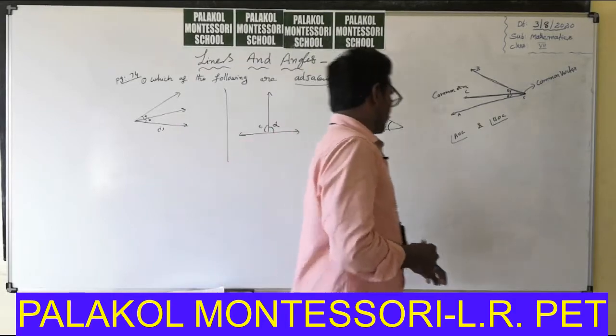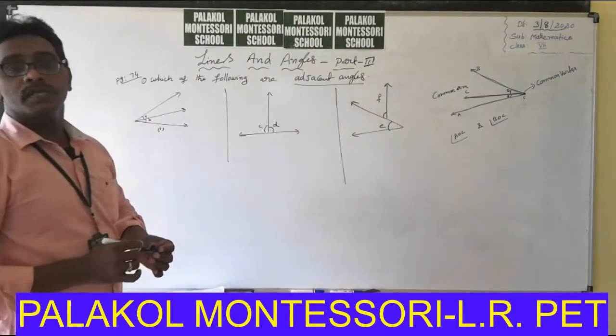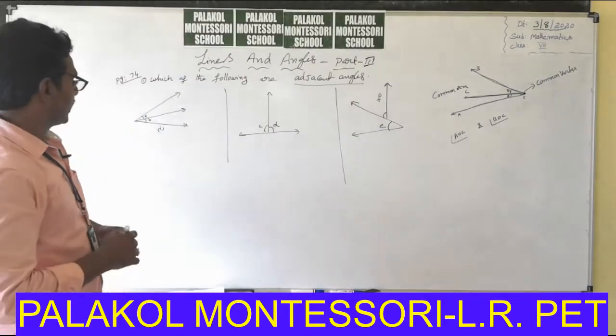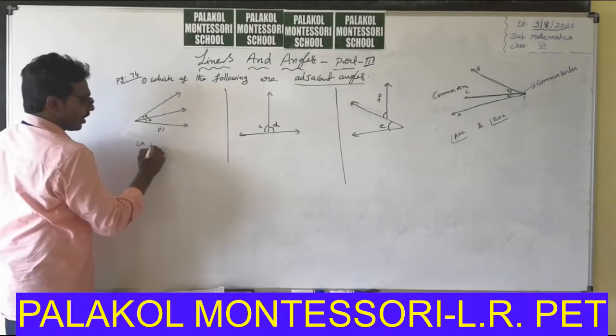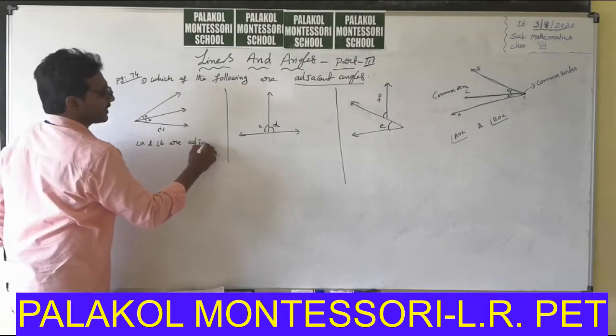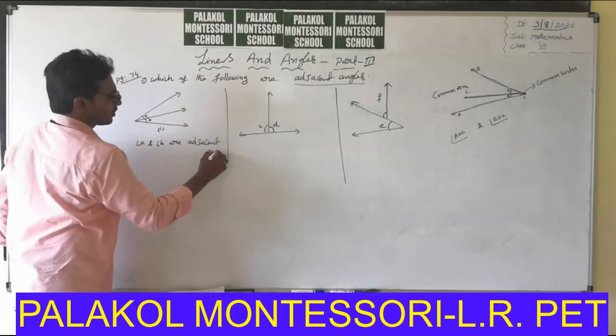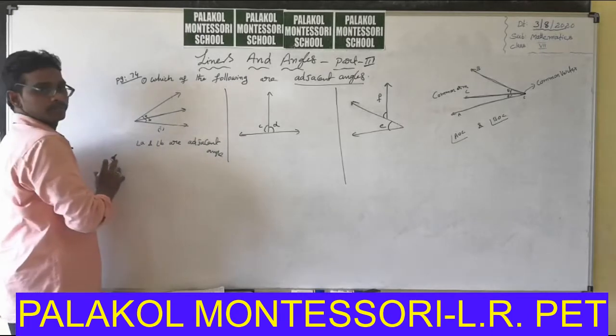Okay guys, now apply this to these three figures. Which ones are the adjacent angles? See guys, here angle B and angle A are adjacent angles. Why? Because this ray is common.